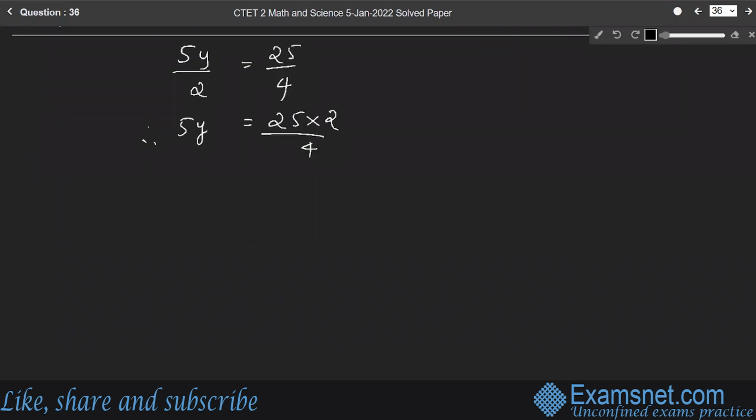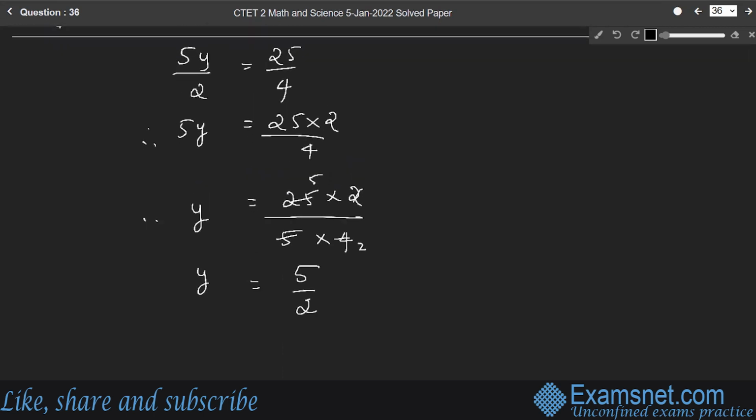Therefore, y is equal to 25 by 2 by 5 into 4, which is 5 by 2. So y is equal to 5 by 2.